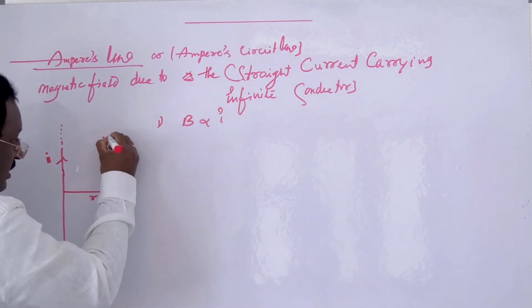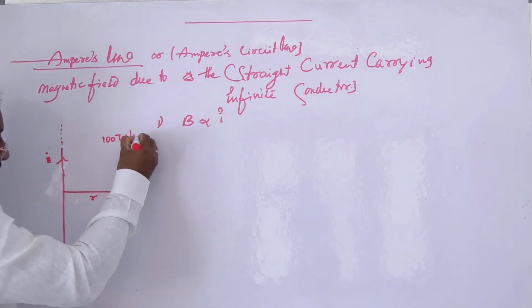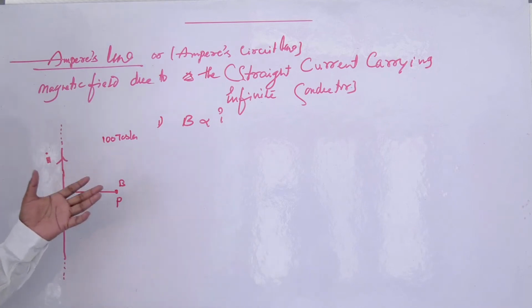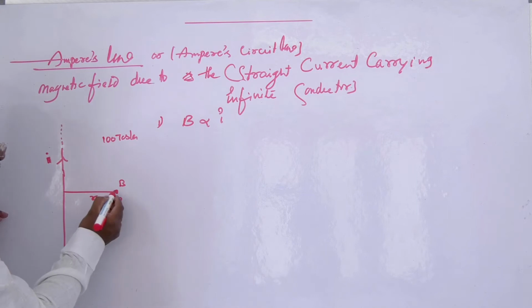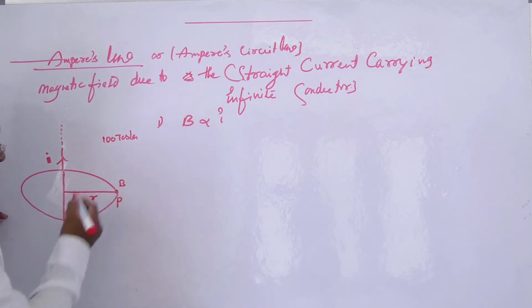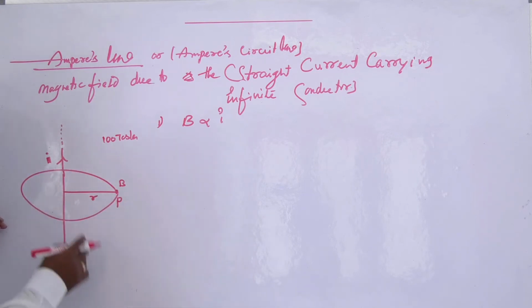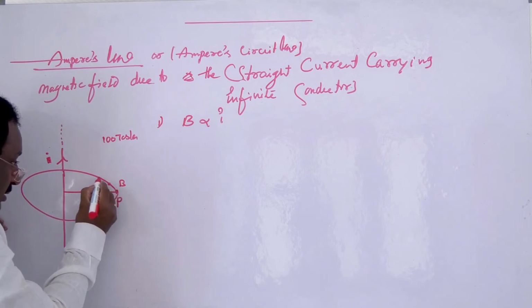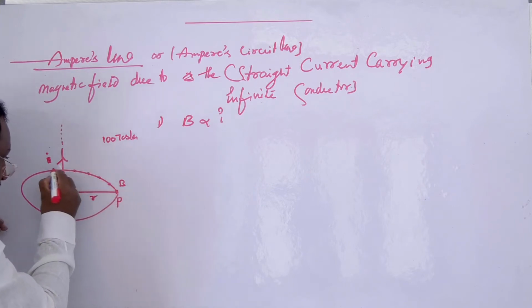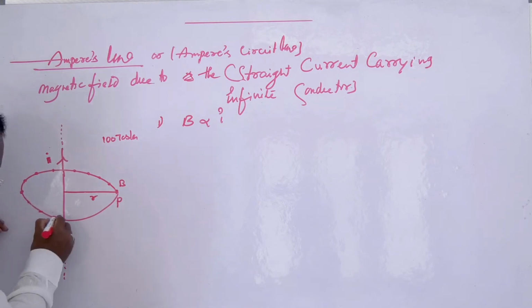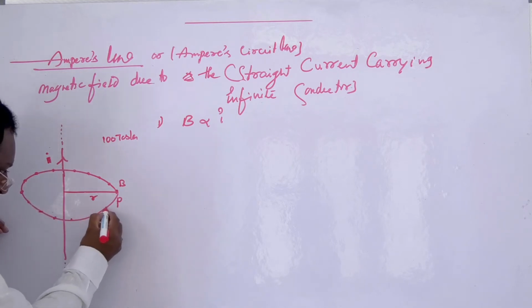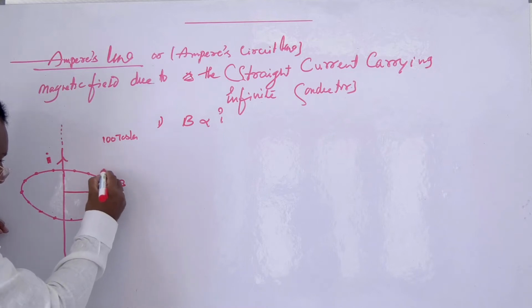Just imagine. This 100 Tesla field is distributed in the form of a closed loop. On this closed loop, at every point, the magnetic field is constant.